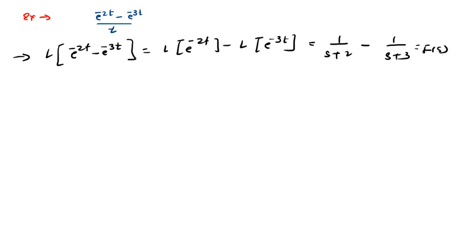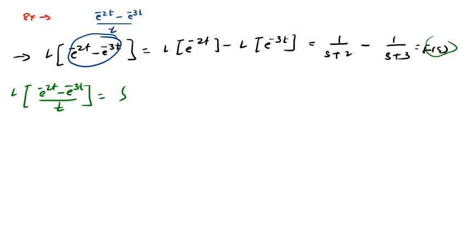Now divide this whole thing by t to the power 1. This will be L of e raised to minus 2t minus e raised to minus 3t, divided by t. What will change in F of s? You need to take the integration of F of s with respect to s under the limit s to infinity.